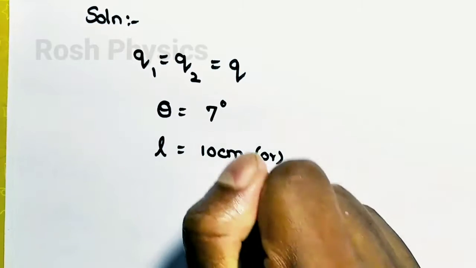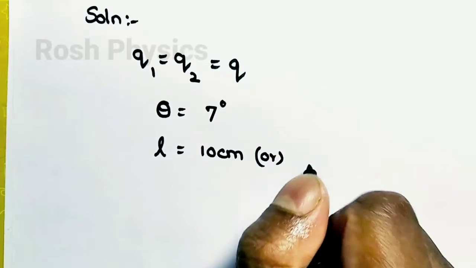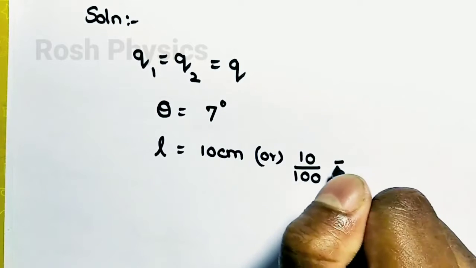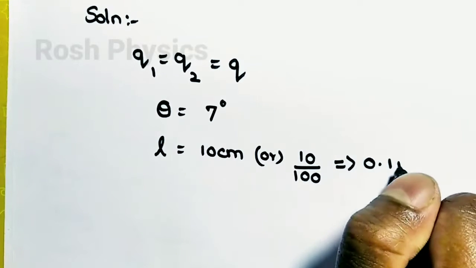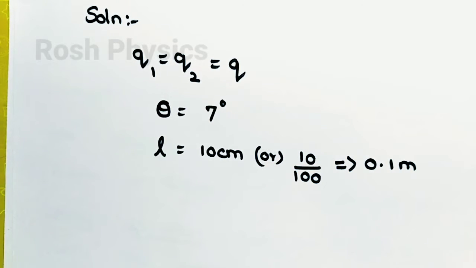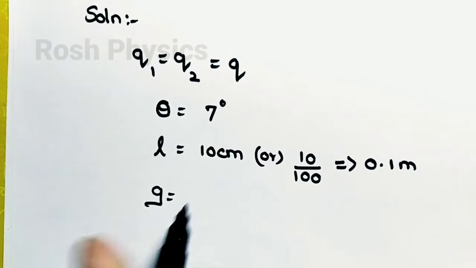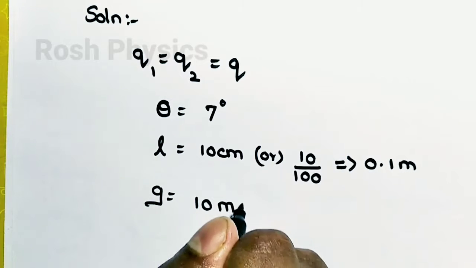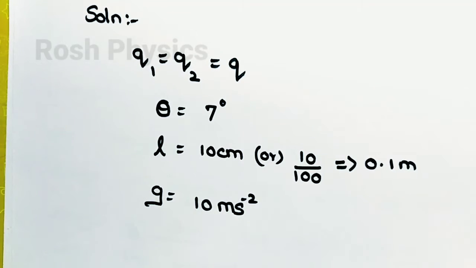In meter it should be converted into 10 divided by 100, and that is 0.1 meter. And g, the acceleration due to gravity, is 10 meter per second square, which is the given value in the question.